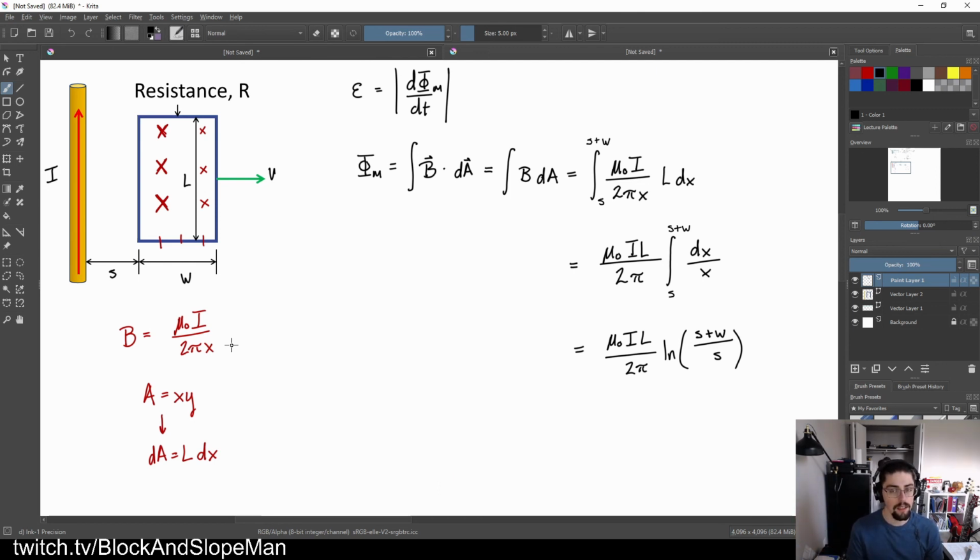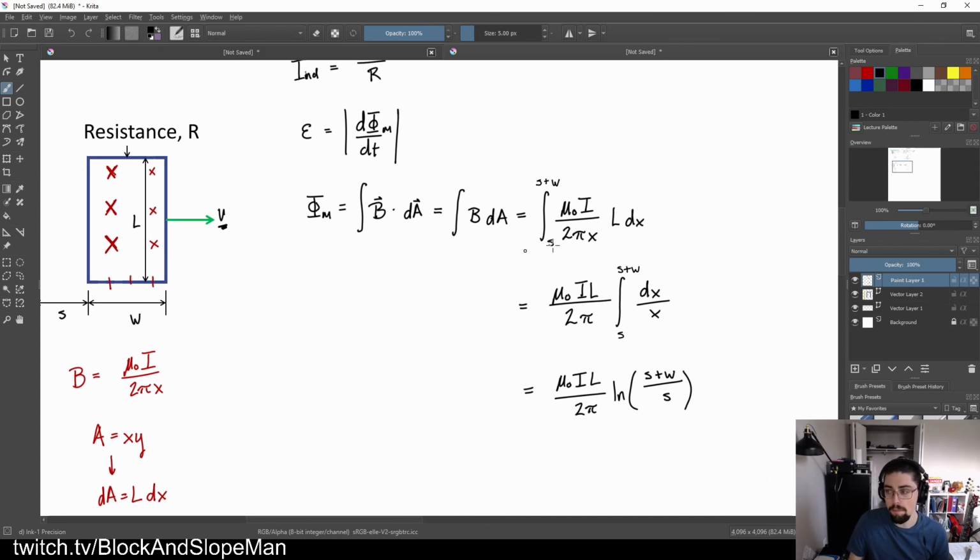Instead, if I let this thing go for 1 second, it would be v farther away. My change of position in the x direction would be v times t. So then, when I'm thinking about this time derivative, the rate of change of s is the velocity given in the problem.